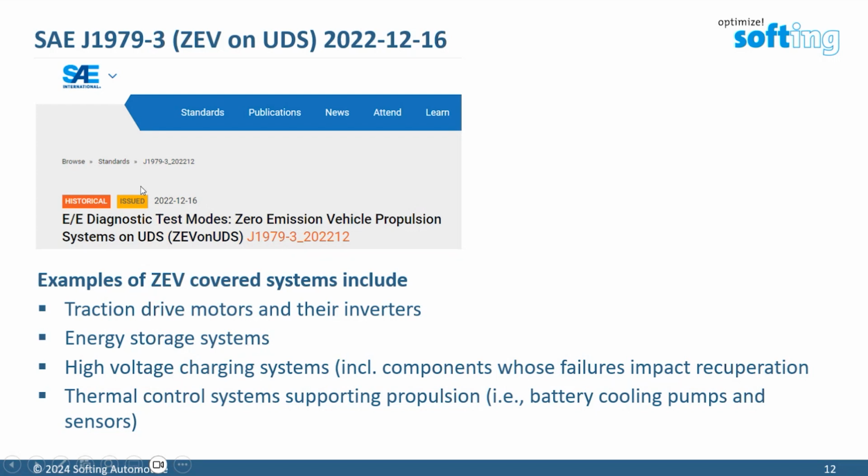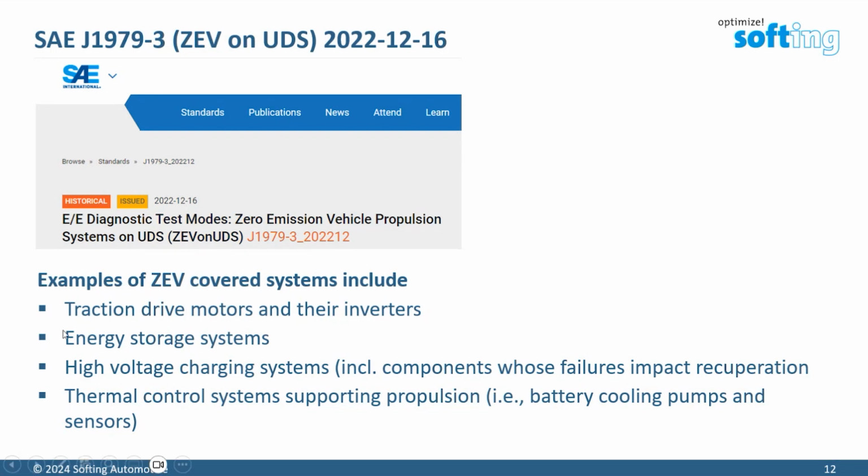What do they mean by ZEV? Examples of ZEV cover traction drive motors and their inverters. That's what I name the powertrain of an EE, of a ZEV, of an electrically driven car. Energy storage systems are also included. High voltage charging systems, including the components whose failures impact the recuperation, that is loading of the battery during operation.